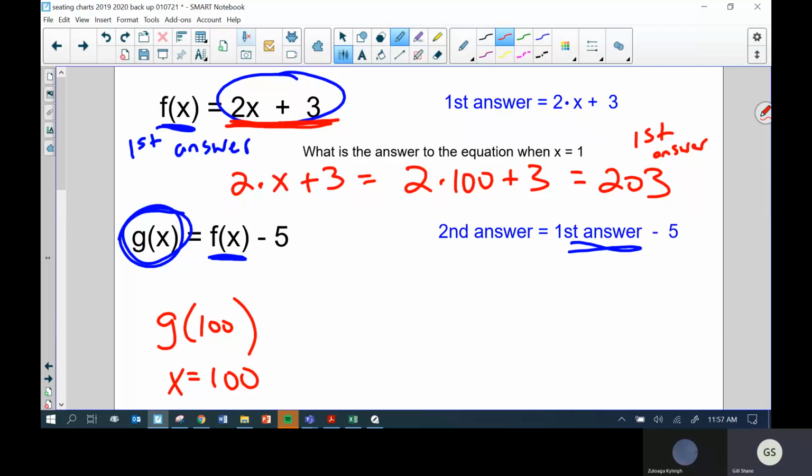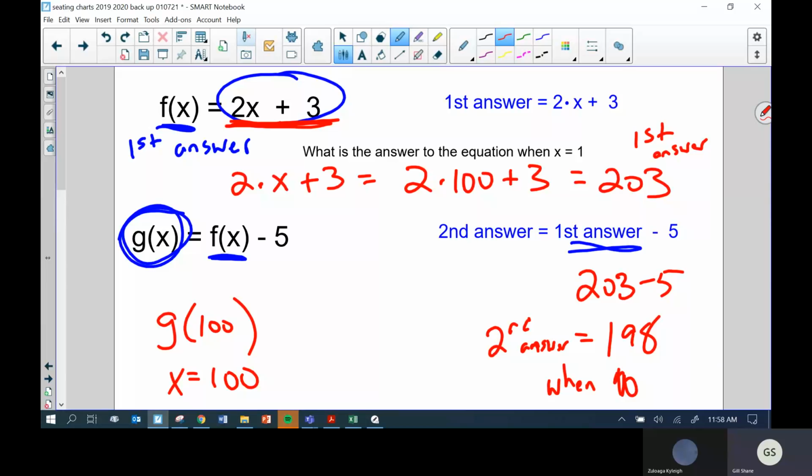Well, my second answer is just my first answer, and then I subtract 5 from it. So my second answer is just my first answer, subtract 5. So 198. So my second answer is 198 when, I guess the key thing to remember, I can't skip steps, when x equals 100.